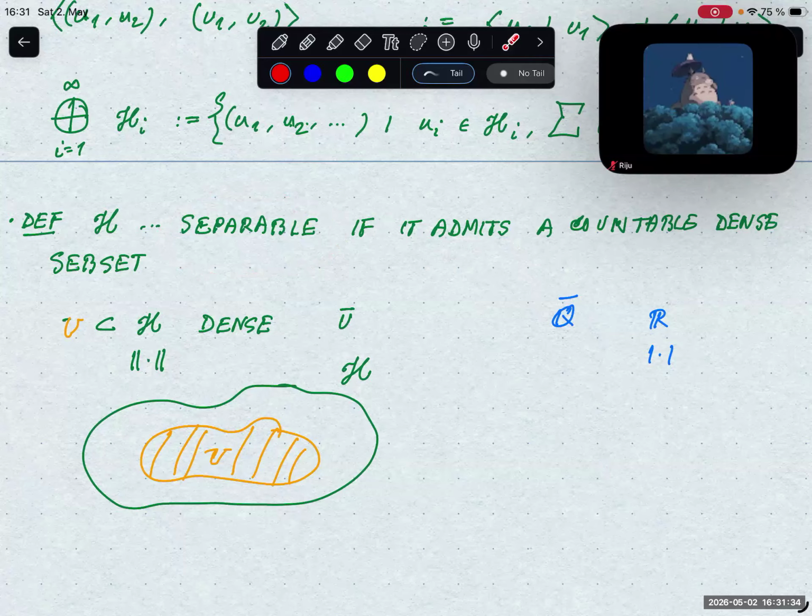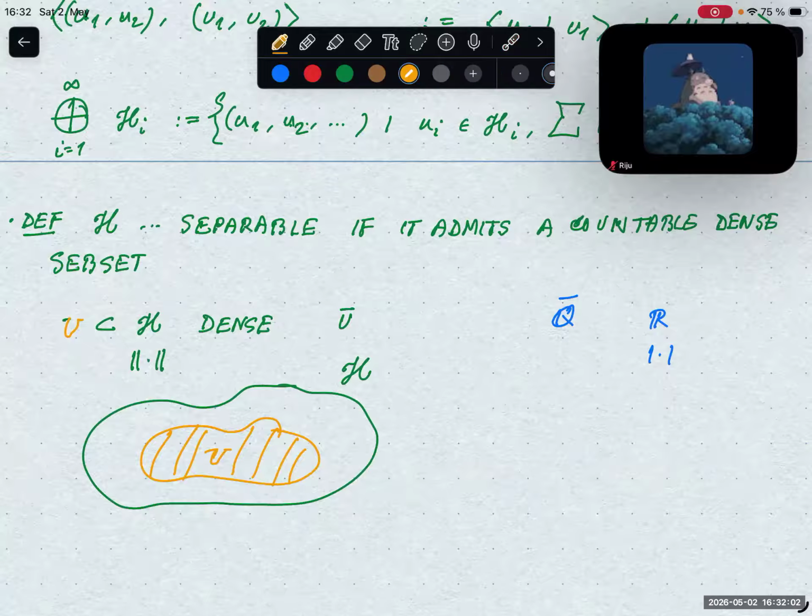The Hilbert spaces we require mostly for quantum mechanics are separable. So from now on, by a Hilbert space, we will only mean a separable Hilbert space. Although non-separable Hilbert spaces exist and you can do functional analysis there, for practical purposes they are not terribly interesting.